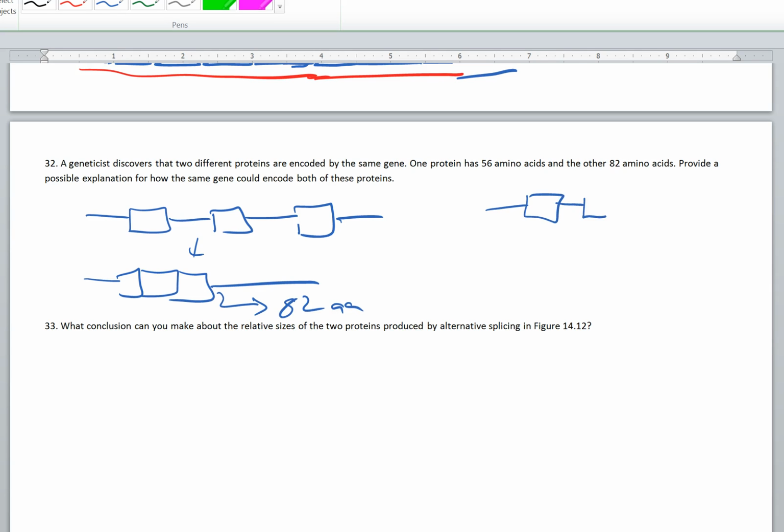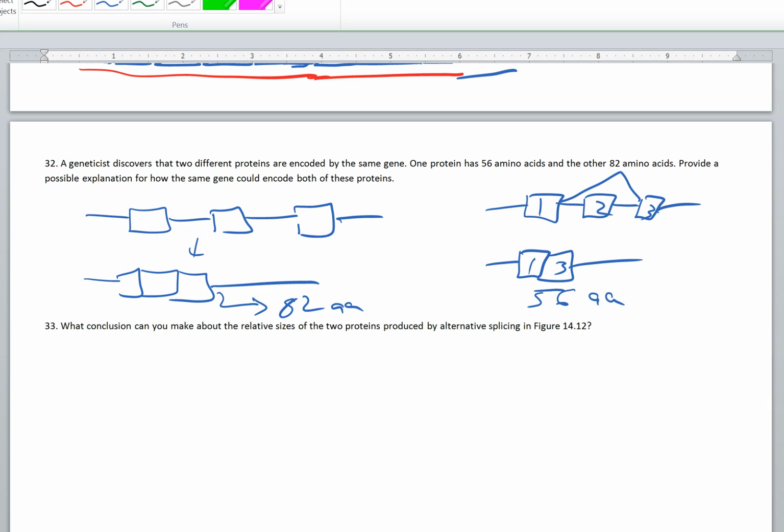Same gene, maybe a different cell type. Now we're going to splice and skip one of those things. These are exons. Now just 1 and 3 are together, and maybe this one makes 56 amino acids. Lots of different ways, but that's just kind of an easy way to do it.